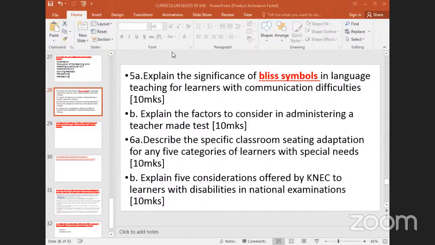Module number 16. So what are bliss symbols? It refers to the representation of ideas, concepts, and maybe words using pictures.